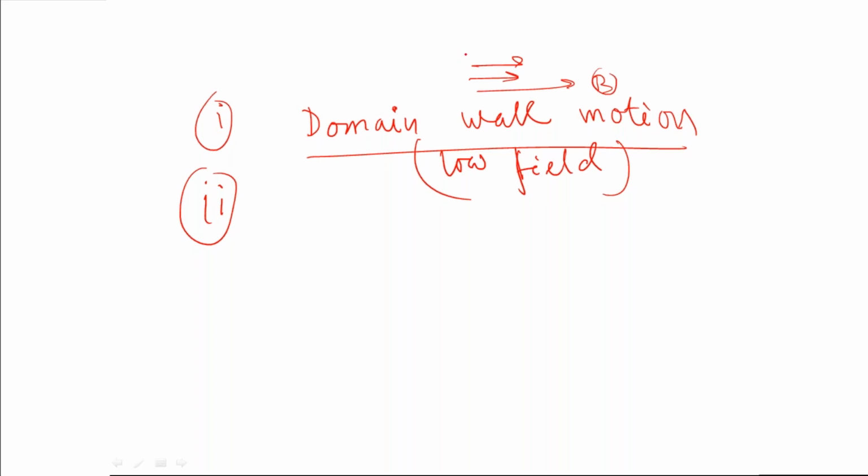That domain will have slowly increasing area compared to the other regions. That is called domain wall motion.